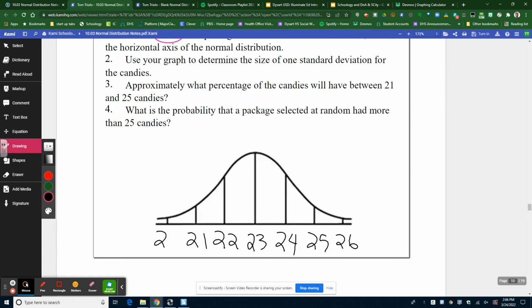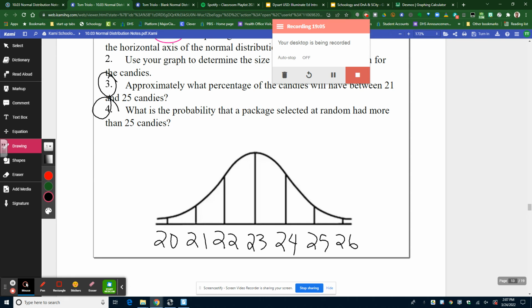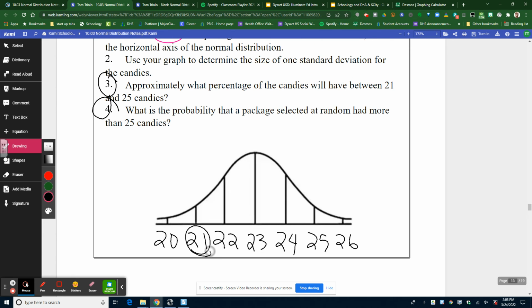Okay? So it says, go ahead, we do our graph, we determine the mean and standard deviation. Now just answer 3 and 4. And everything after this is based on this same distribution curve. So between 21 and 25 are 1, 2, 3, 4 standard deviations total, or 2 in each direction.